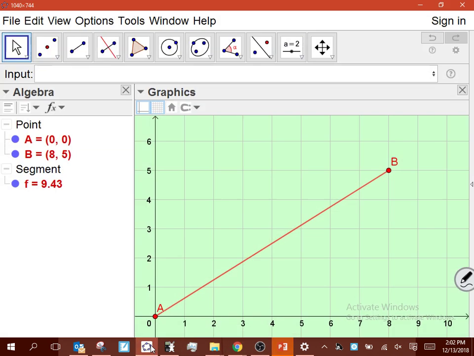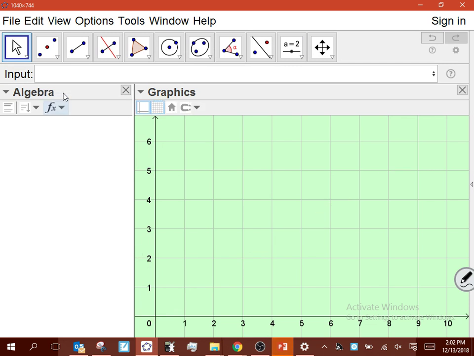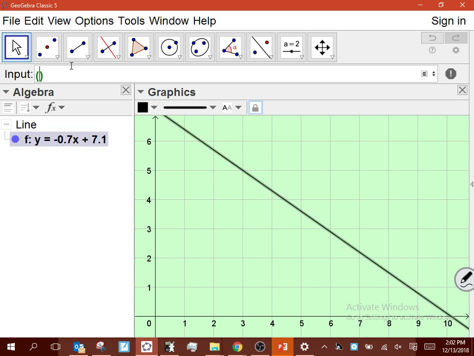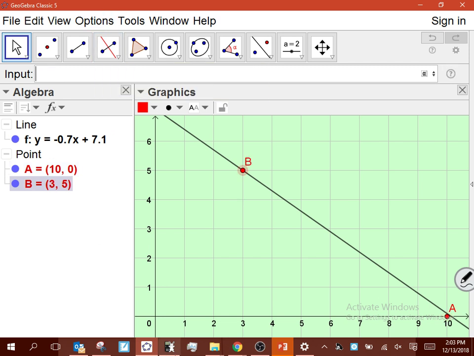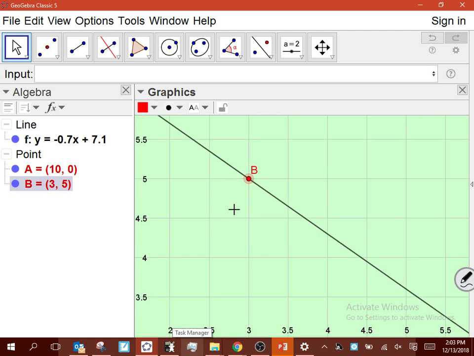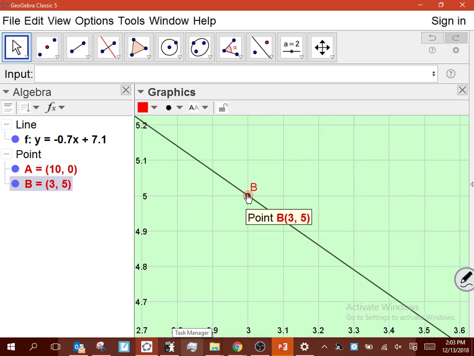If I were to type that equation or use that equation, so y equals negative 0.7x plus 7.1, we're saying the point (10, 0) should be on that. We're also saying the point, what was it, (3, 5) should be on there. Now, if I look at (3, 5), and this is just kind of a coincidence, (3, 5) does show up on there.